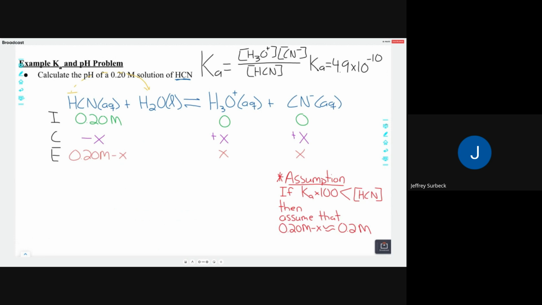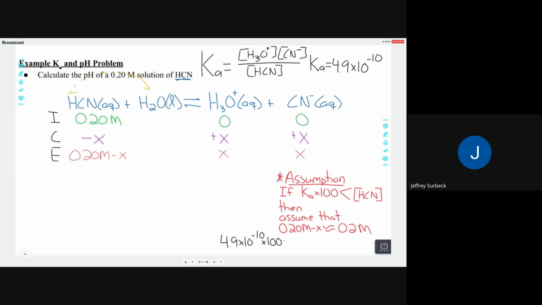Okay, so let's try this out. We're going to take our Ka value that is given in our chart and that we wrote down in this problem, and we're going to say this. I'm going to write it out to the left a little bit: 4.9 times 10 to the negative 10th times 100, and we'll go ahead and do that.